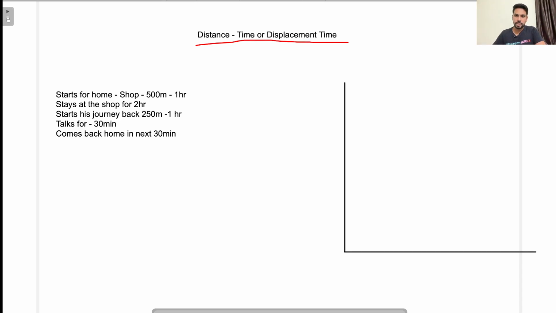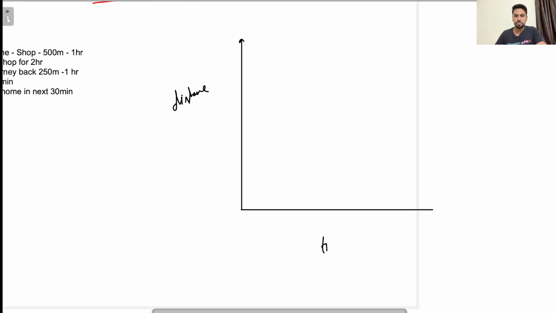That's the reason why I say that time is an independent variable and distance is my dependent variable. That's why you learn that your dependent variable should come on the y-axis and your independent variable should come on the x-axis.